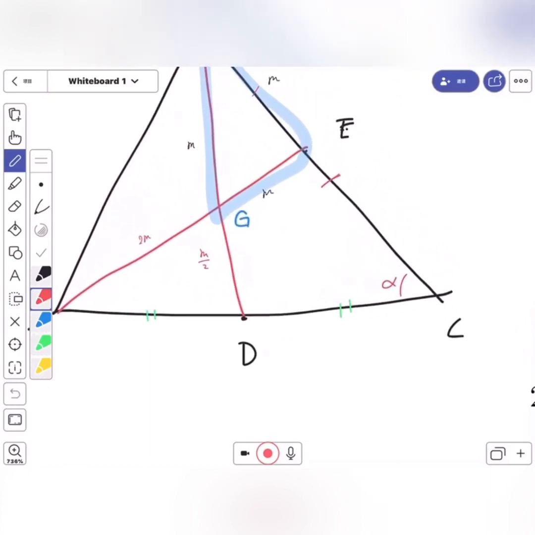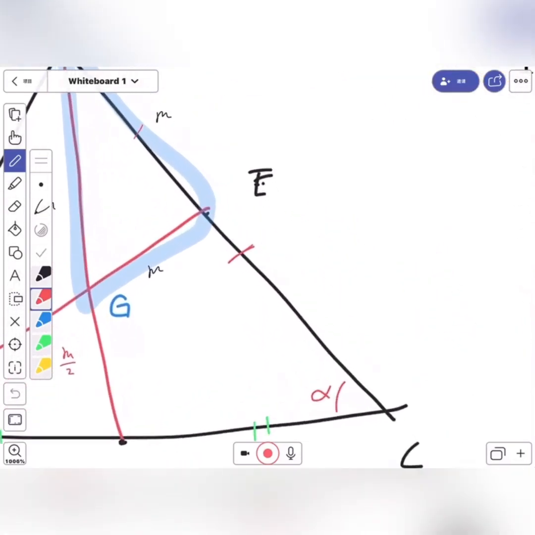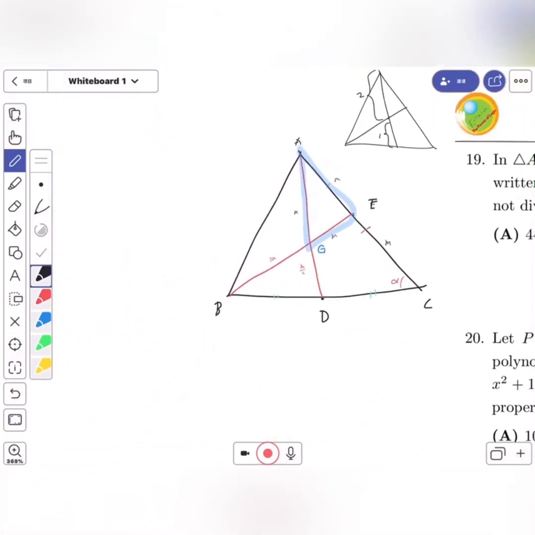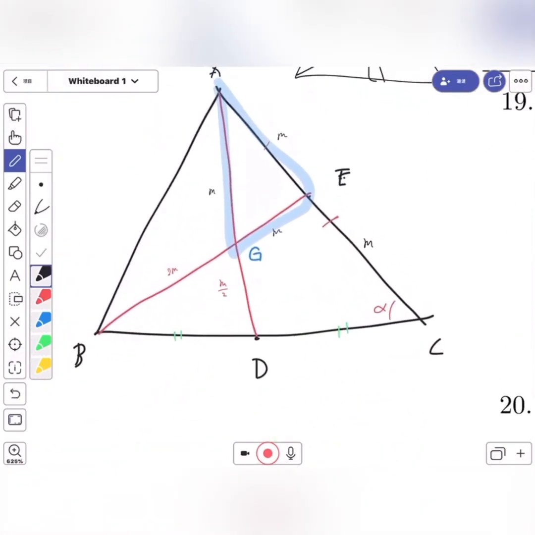And we know that this length would also be equal to m. So now I want to find this angle alpha.